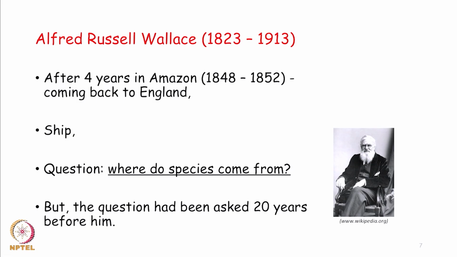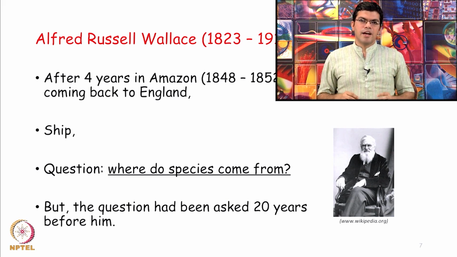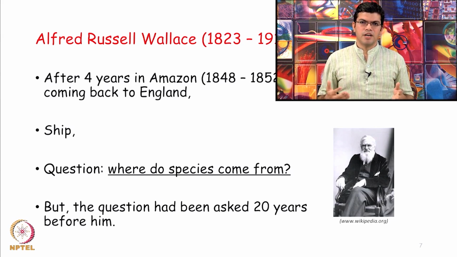Where did a species like man or a monkey come from? How did it come into being? Of course, Wallace had no idea that in 1852, when he was trying to answer this question, it had already been asked and answered almost 20 years back. And that person, I'm sure all of you remember, is Charles Darwin.